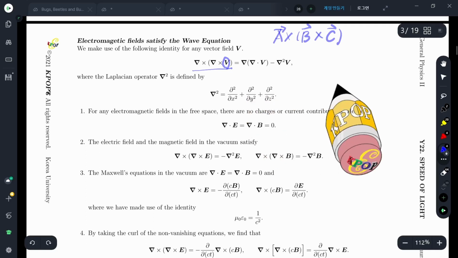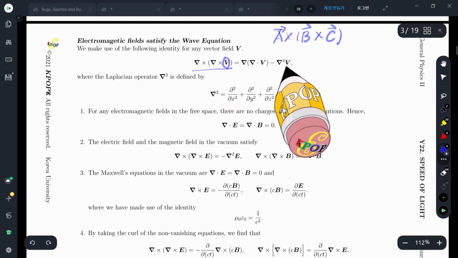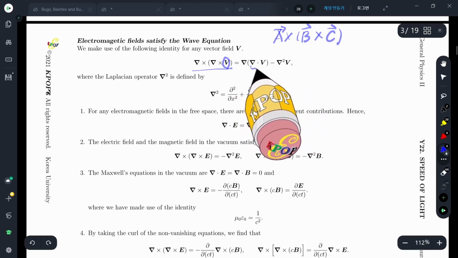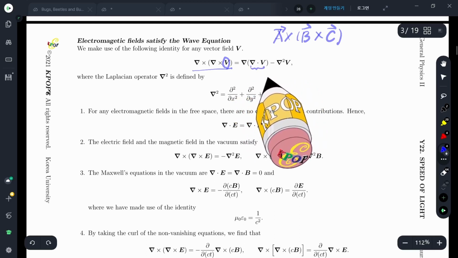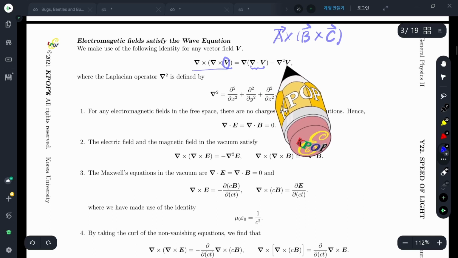We can apply the BAC-CAB rule to find the right hand side, and we find that there is a gradient of the divergence of V and the Laplacian operator applied to a vector field.